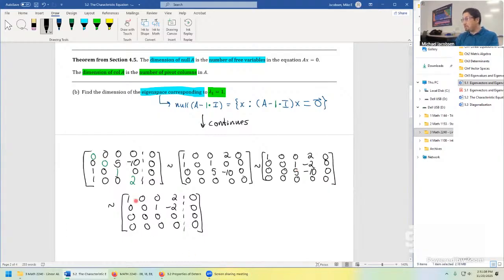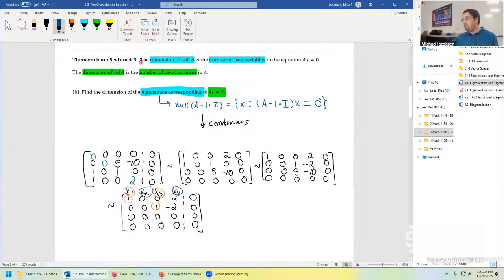Okay, so let's take a look at the variables. We have x1, x2, x3, and x4. When we identify the pivots, we see that x1 is a basic variable, x3 is a basic variable, but two of them are free variables, x2 and x4.